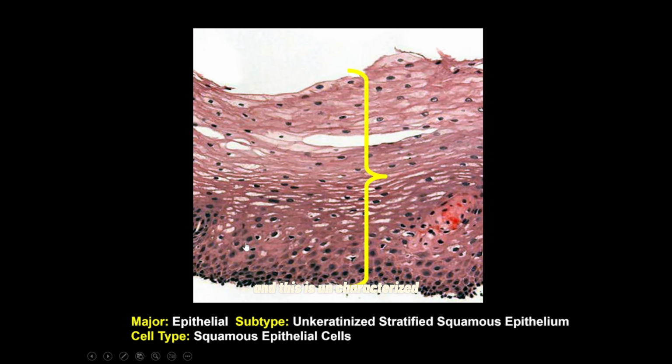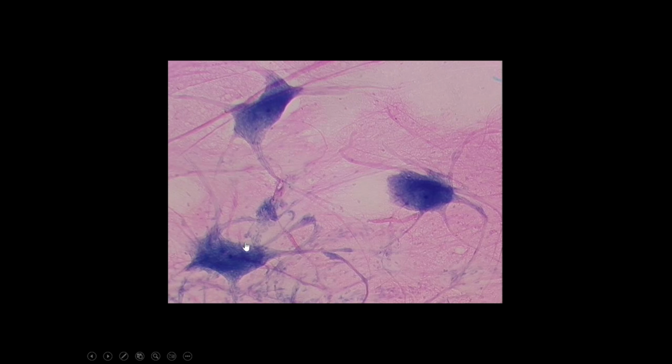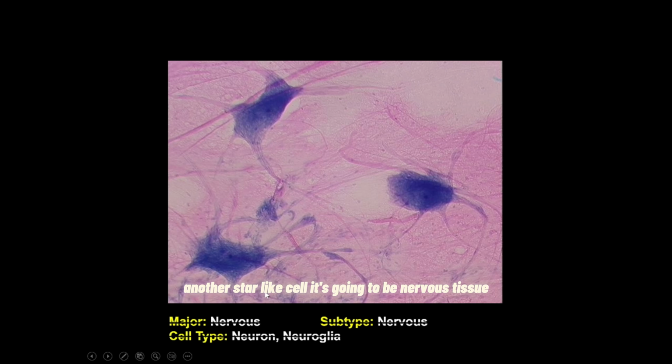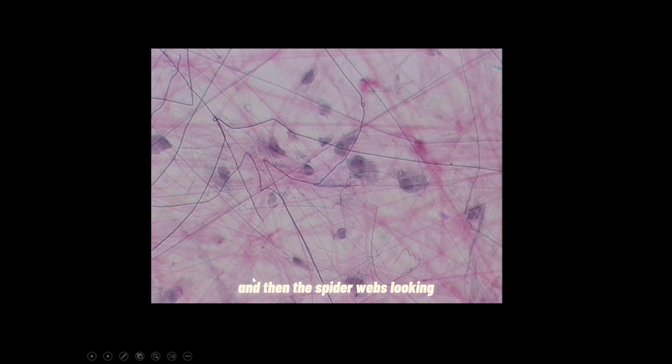And this is unkeratinized stratified squamous epithelium. Another star-like cell. It's going to be nervous tissue. And then the spider webs looking. Areolar connective tissue. Another nervous tissue. Okay, and then a fibrocartilage.